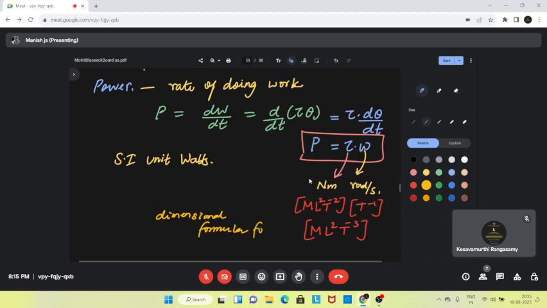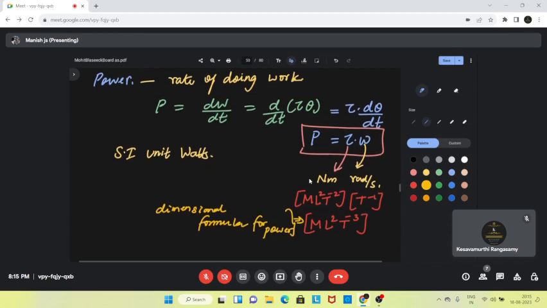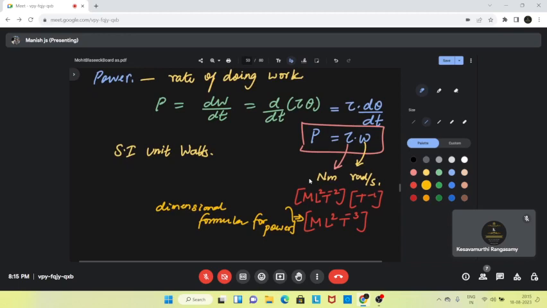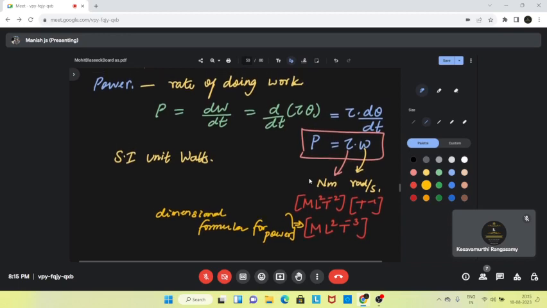Okay, this is the dimensional formula. I hope it's clear. So this is how you find out the relation for power in terms of torque and angular velocity. Then we can also write down its SI units we know, and then write the dimensional formula.